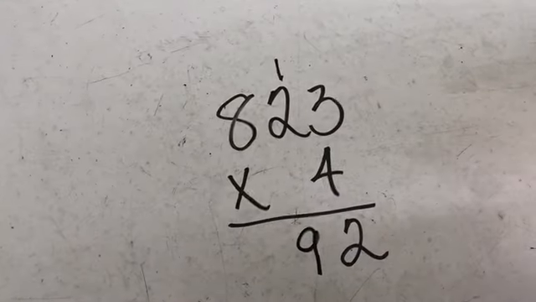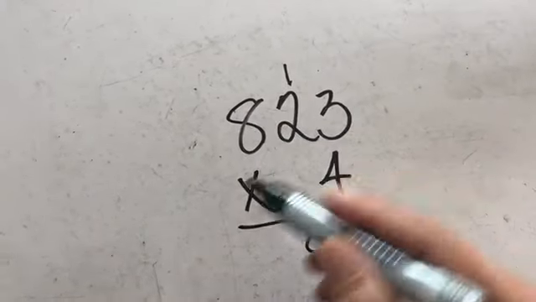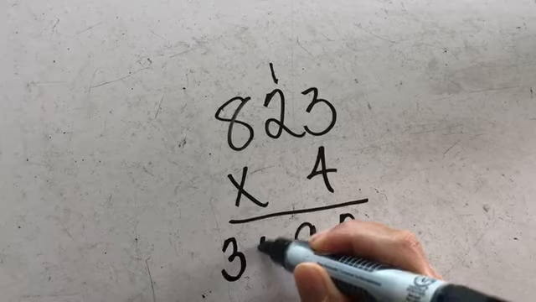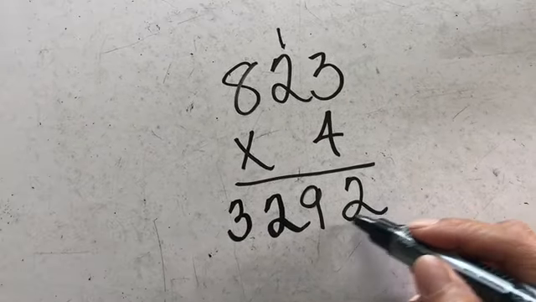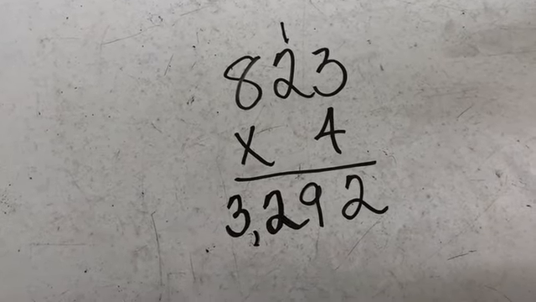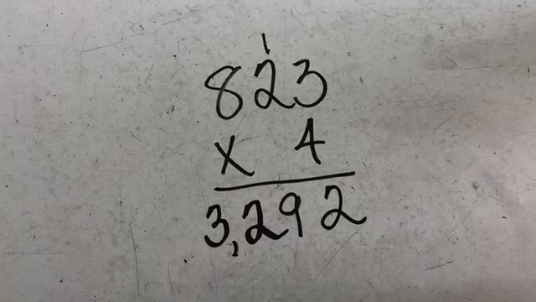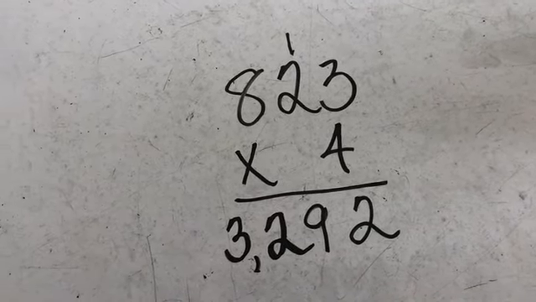And then 8 times 4 is 32. We can't bring the 3 over, the 3 comes down. Then we make sure that we add our comma. 1, 2, 3. So our answer is 3,292.